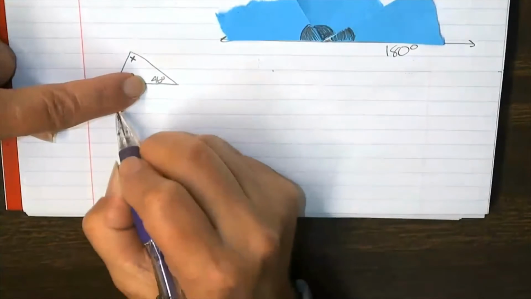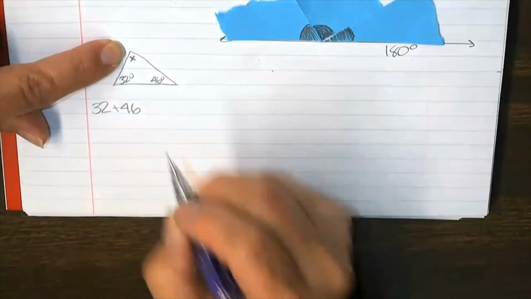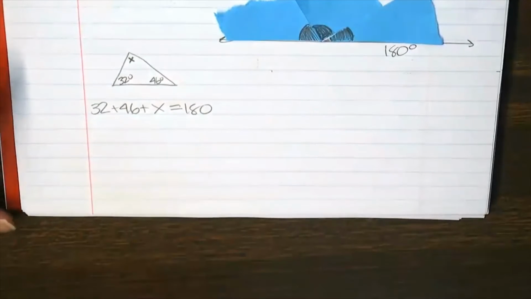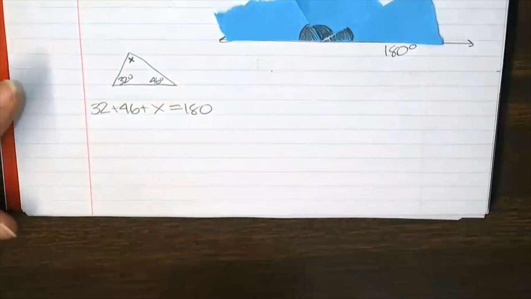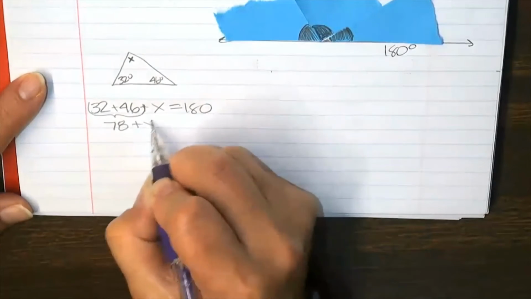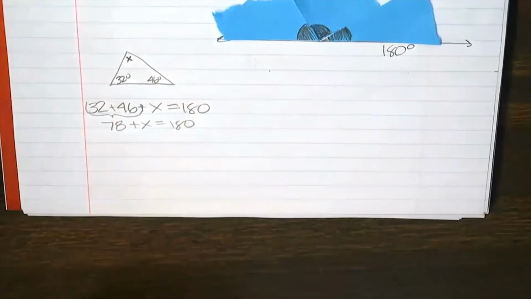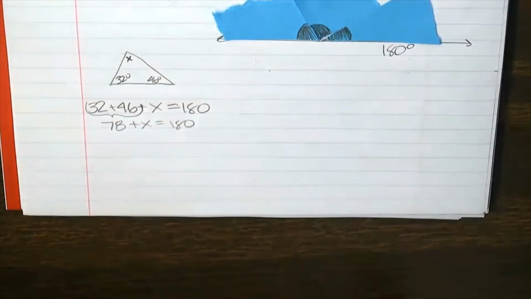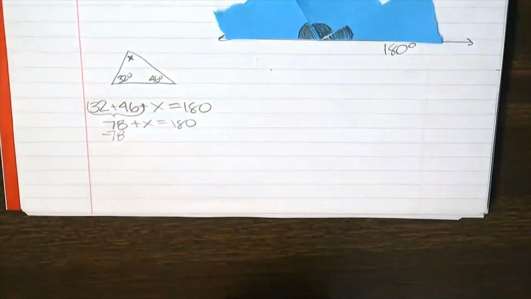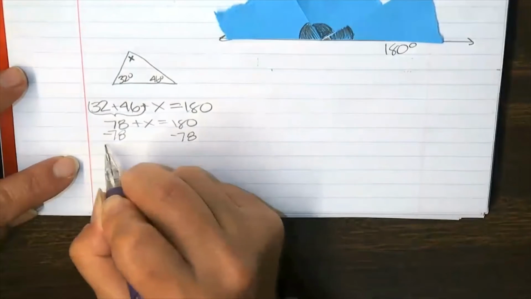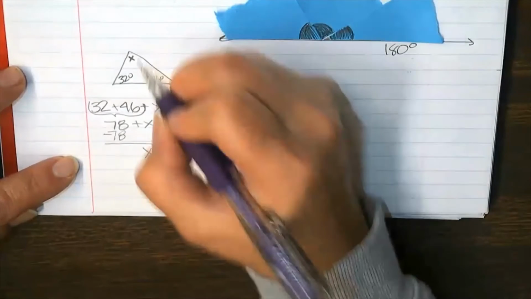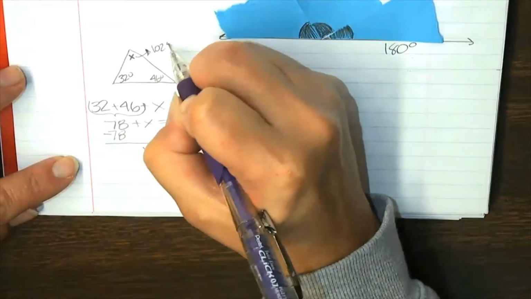Angle 1 plus angle 2 plus angle 3 equals 180 degrees. So we combine our like terms. This is 78 plus x equals 180. Now this is a basic algebra problem that we've been doing. Subtract 78. What I do to one side, I must do to the other. So x equals 102 degrees.